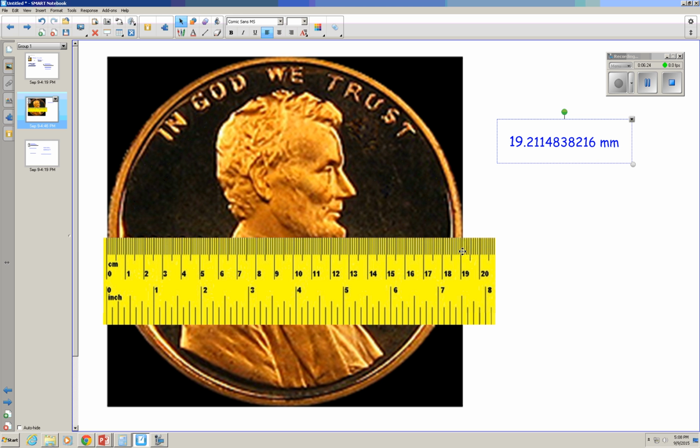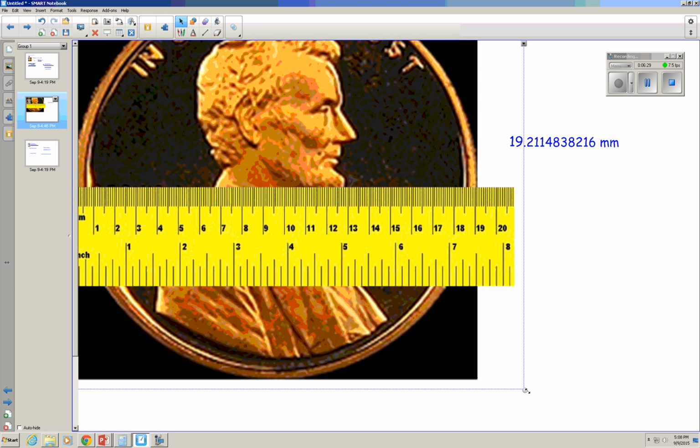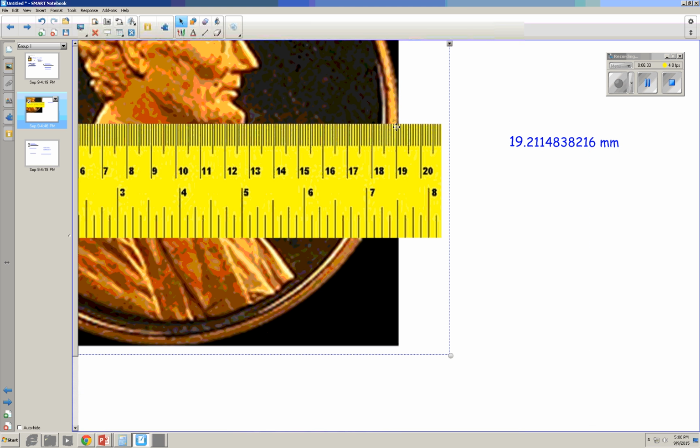When I come over in here and measure it, what's the best that you can do? Maybe I should zoom it in a little bit more. Gigantic penny. It looks like a little bit bigger than 19. Each of these divisions here is a 0.1. Maybe I'm somewhere between the 19 and the 0.1.